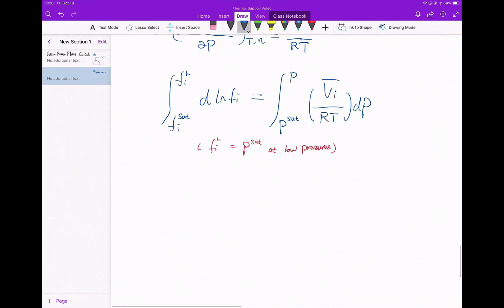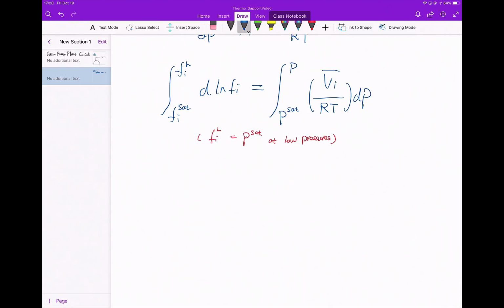If we solve for this, then we have this Fi at my interested high pressure will be Fi at my saturation, exp of this term.